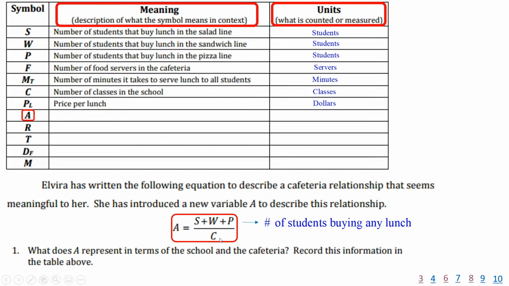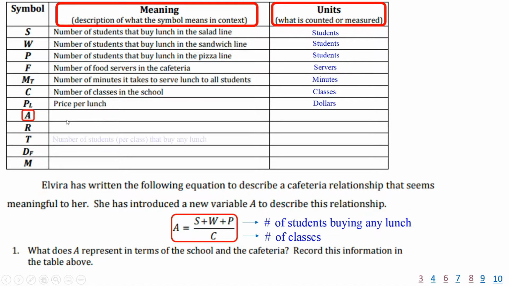Okay, and then C, well, C was the number of classes in the school. So let me see. If I took the number of students buying any lunches, so that's the total students that buy lunch, divided by the number of classes, then wouldn't that A represent the number of students per class that buy any lunch?